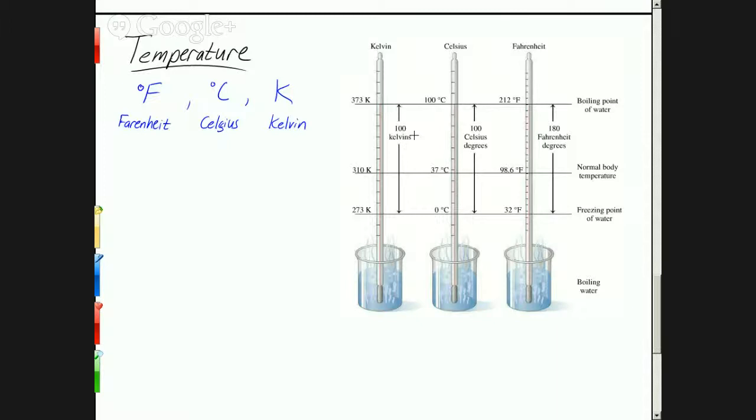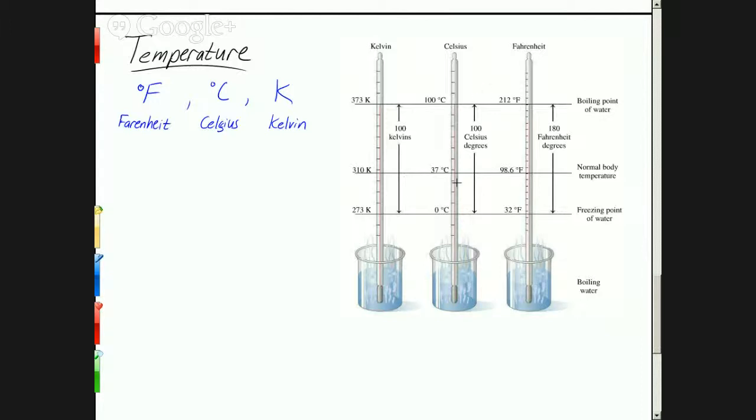Notice that between the freezing point of water and the boiling point of water, there are 100 Celsius degrees, 0 to 100, and there are also 100 kelvins, from 273 to 373. Another weird thing is that Celsius and Fahrenheit are noted in degrees. We've got degrees Celsius or degrees Fahrenheit, but Kelvin is a unit, like a gram. So we talk about kelvins rather than degrees Kelvin.